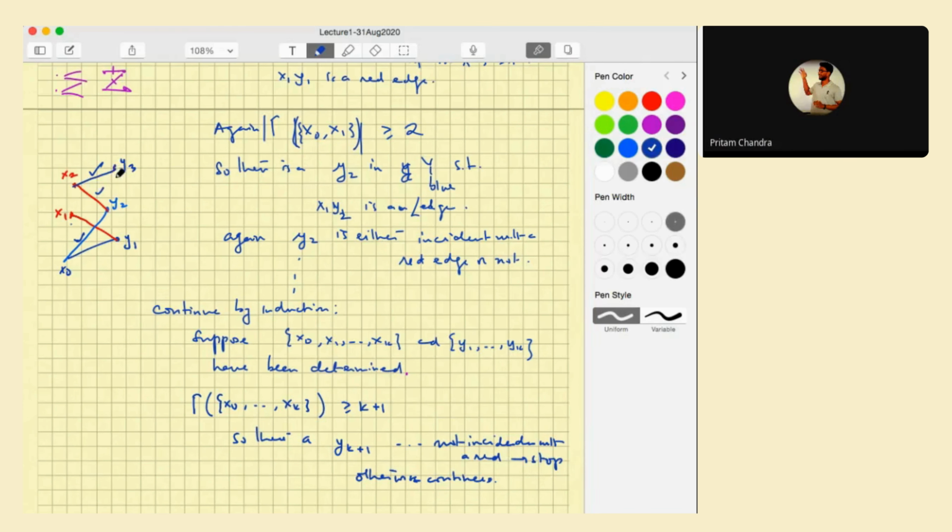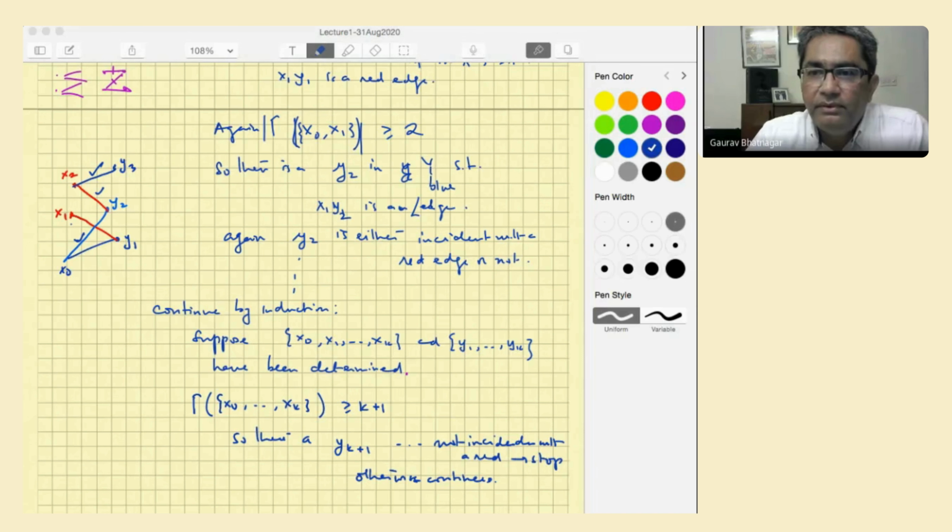Yeah, Professor, y3 can again be connected to x0, right? Your mic is gone for a toss. I'm saying let us continue. It doesn't matter if it comes back to x0, it goes back. The point is there is a path each time we get back here.